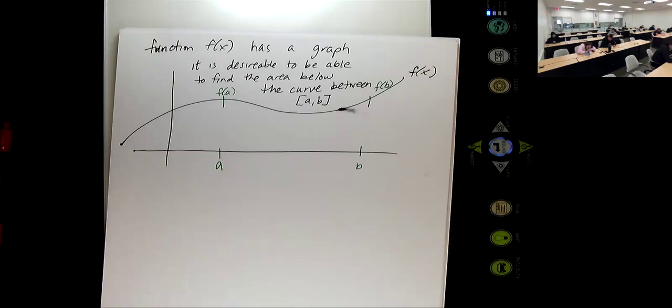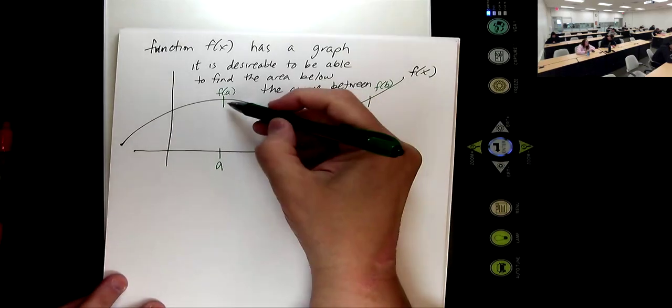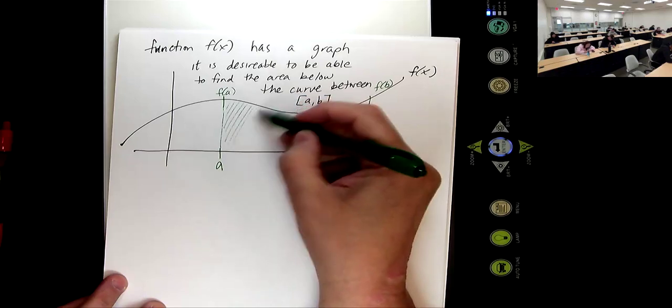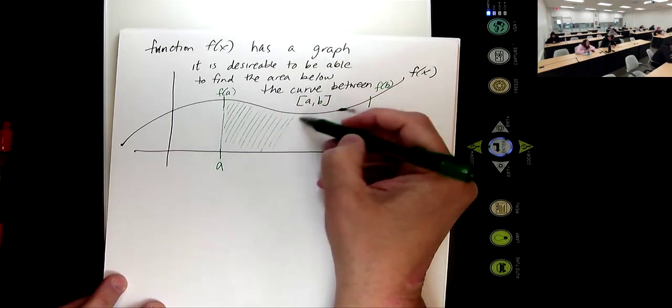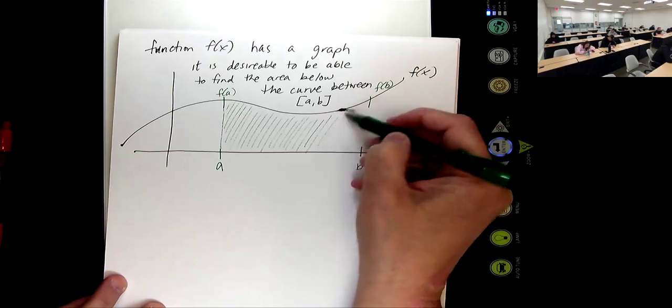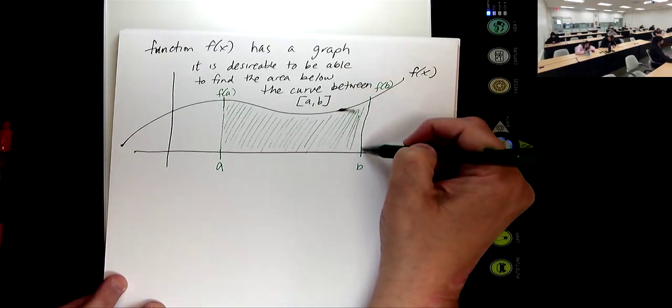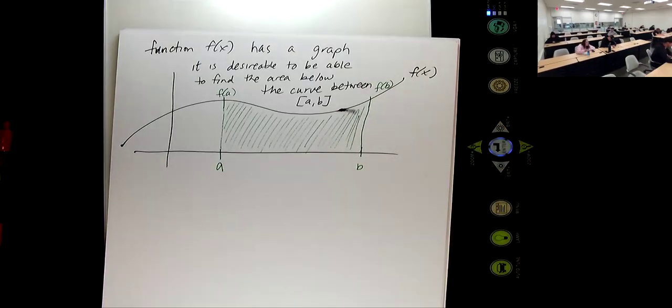As you can imagine, we don't have a formula that can just find this general area here because it's not a shape that we have a formula for. It's not a rectangle, it's not a square, it's not a triangle. But this is what we can do.